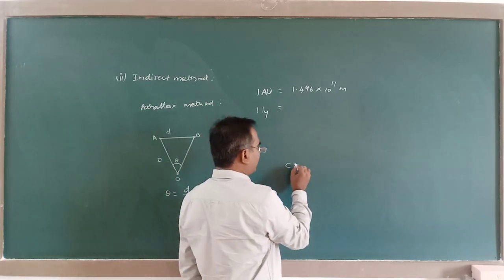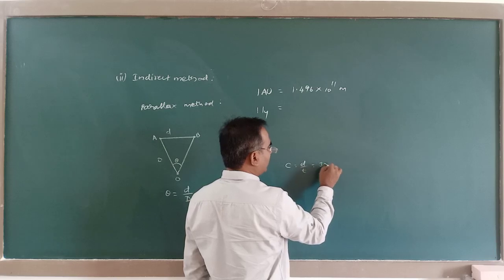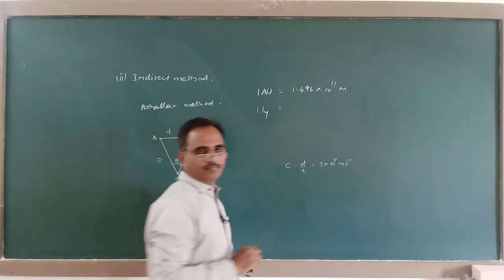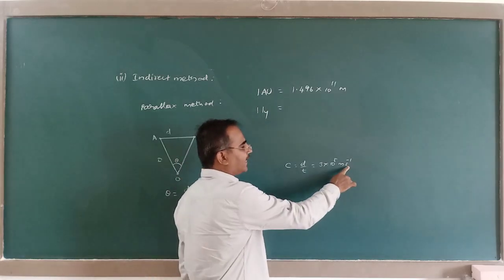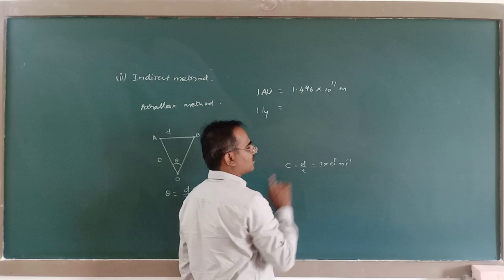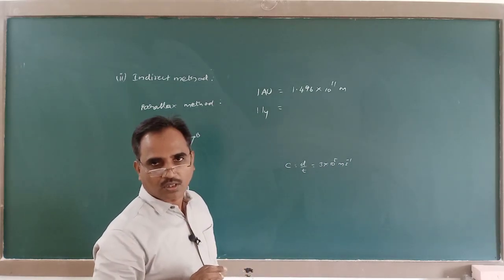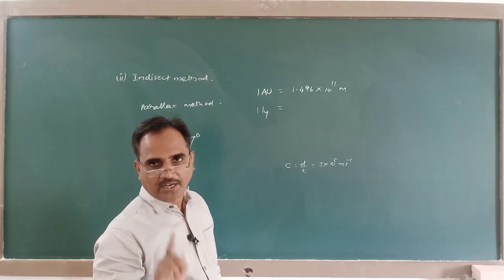You know the speed of light: distance travelled by light divided by time taken, which is 3 into 10 to the power of 8 meter per second. That means in 1 second light travels 3 into 10 to the power of 8 meter distance.